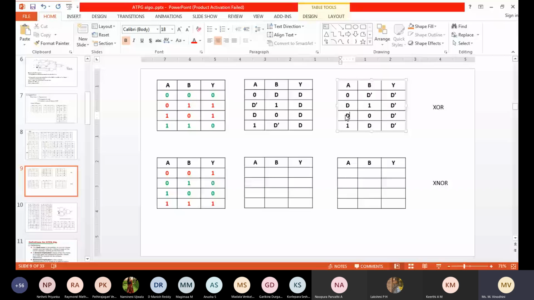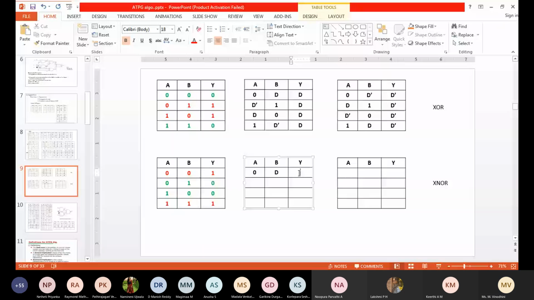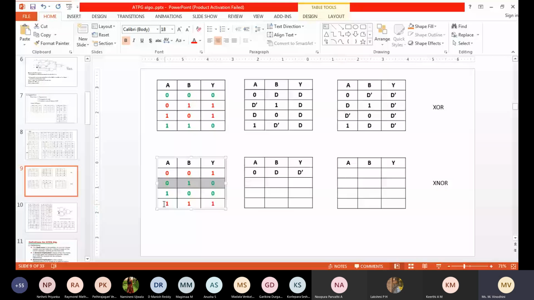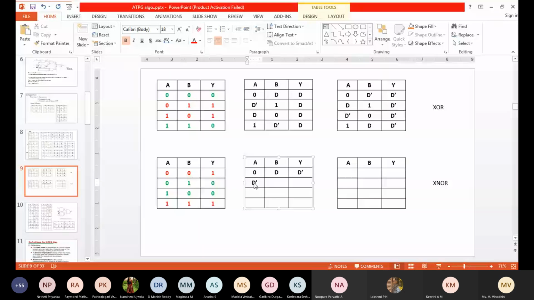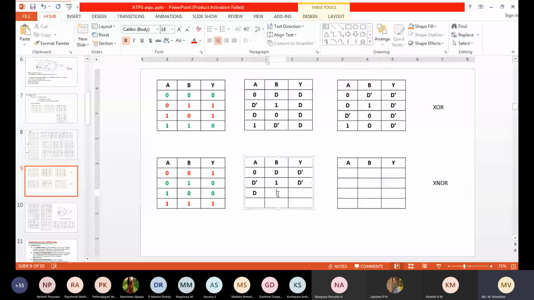Similarly here, this green, compare it with the first red. So 0, 0, 0; 0, 1, 0, D; 0, 1, D dash. Next, this row you compare with the below red line. 0, 1, D dash; 1, and this is D dash. Next, this green with the top red. 1, 0, D; 0, D dash.